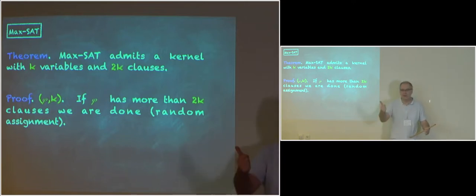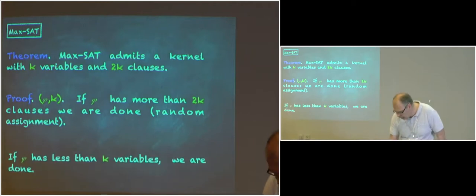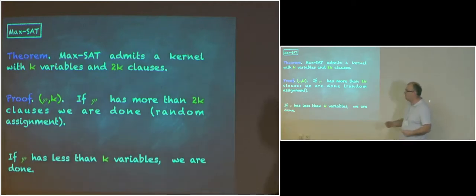You can use a random argument, or even a deterministic argument to show that: you always pick a variable which satisfies at least as many clauses as it does not satisfy. So if we have more than 2k clauses, we are done. Again, if we have less than k variables, we are also done. There's nothing to prove here, our instance is already a kernel.